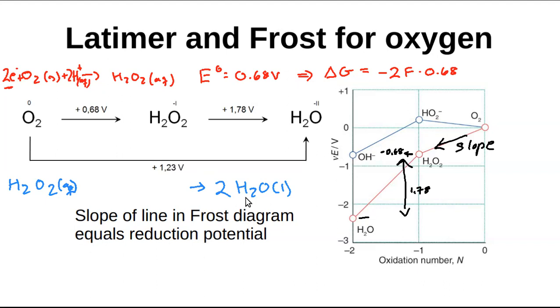Now we balance hydrogen, so we need 4 hydrogen. We already have 2 of them, so we need 2 extra hydrogen ions. Now everything is balanced except the charge. So we need 2 electrons.